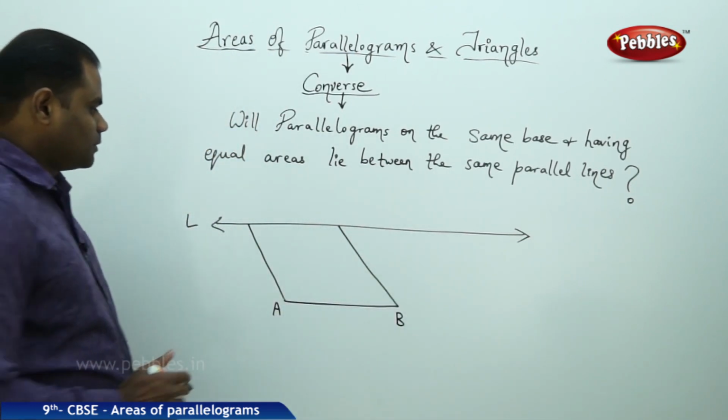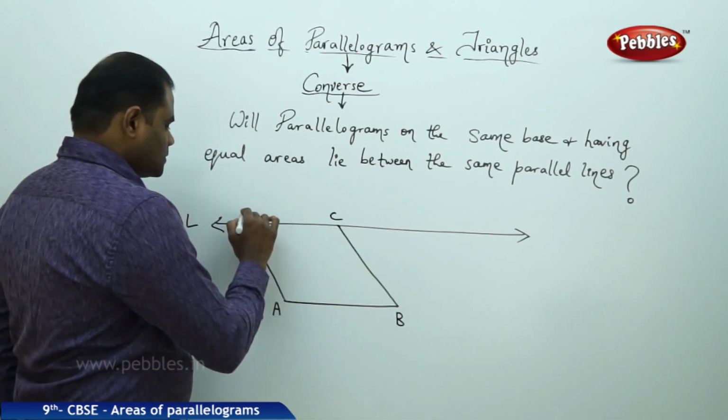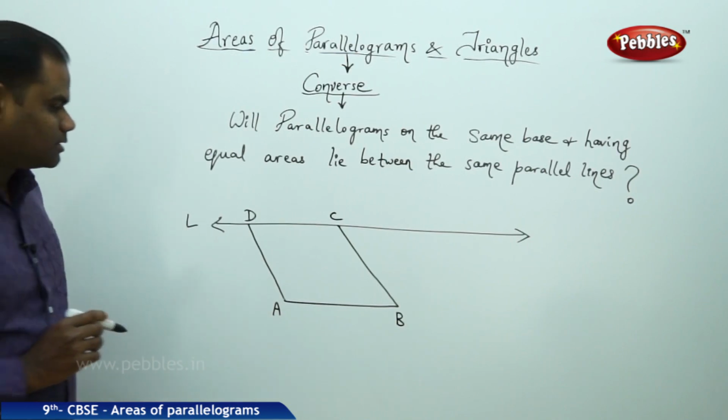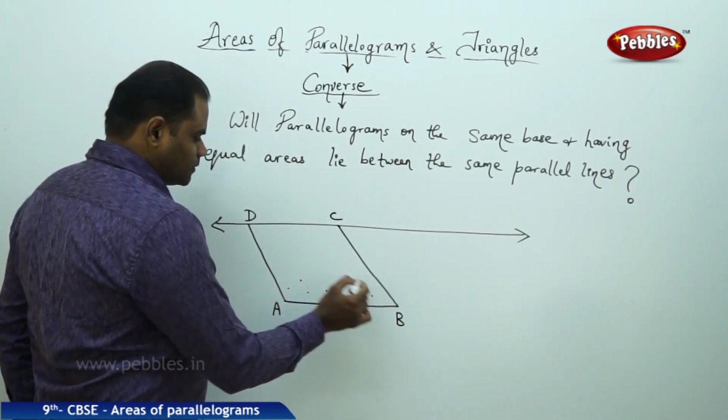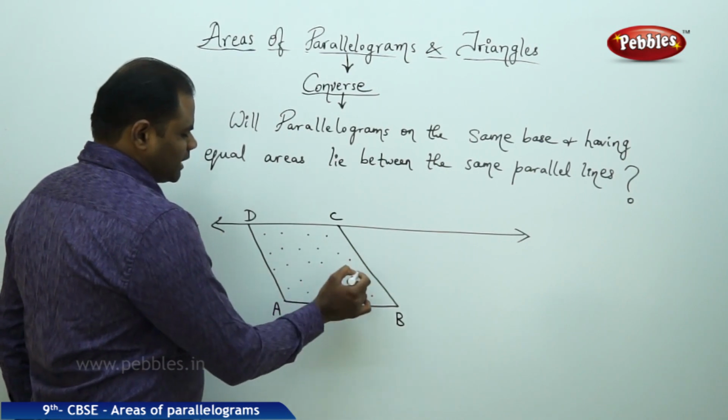One of the parallelograms is formed by the line L, which is ABCD. So ABCD is a parallelogram formed with the base AB and the line L.